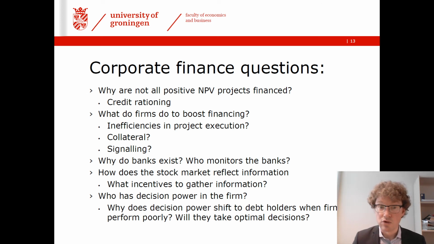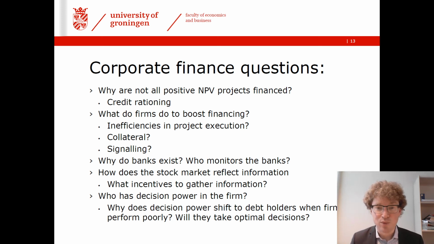Then there are control questions: who has decision power in the firm? For instance, why does decision power shift to debt holders when firms perform poorly? If you are nearer to bankruptcy, you might find, if you're running this firm, that all of a sudden, as you do not meet some requirements, banks will step in and they will get the power to make some different decisions.